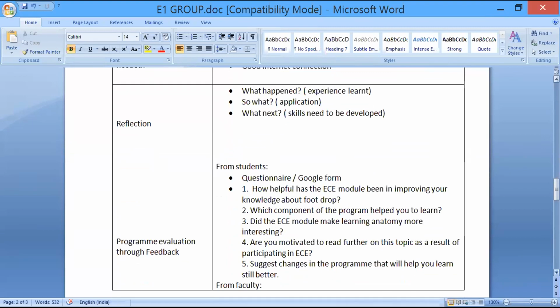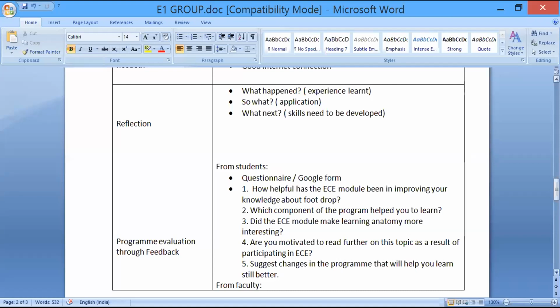Feedback is obtained from the students as well as from the faculty. From the students, a questionnaire or a Google form: how helpful has the ECE module been in improving your knowledge about foot drop? Which component of the program helped you to learn? Did the ECE module make learning anatomy more interesting?